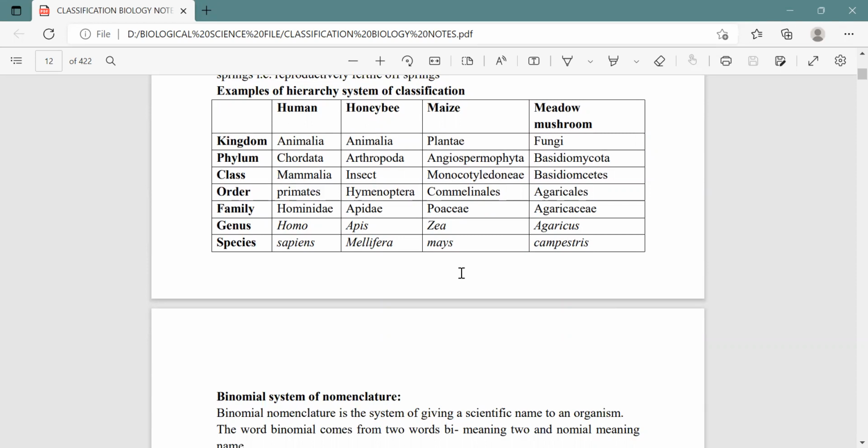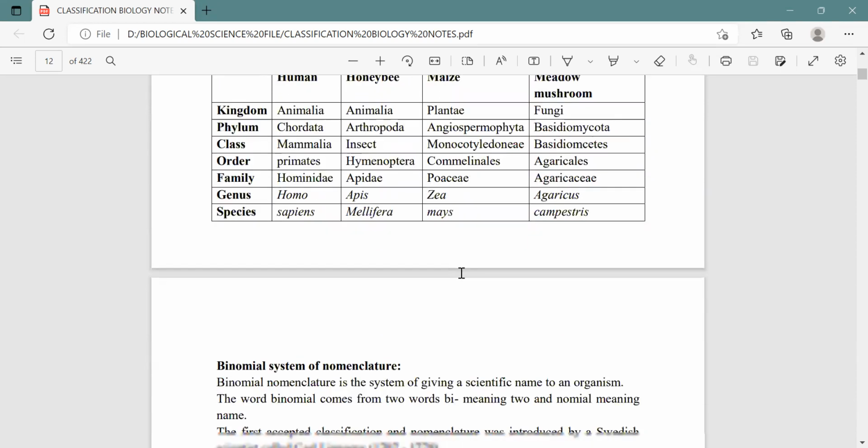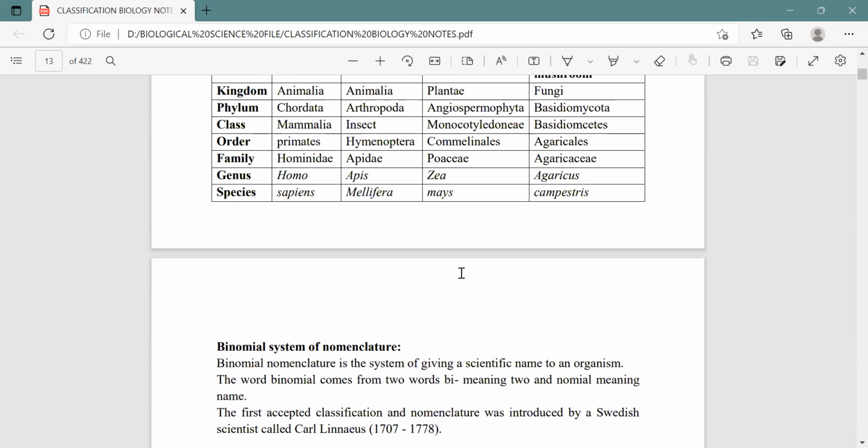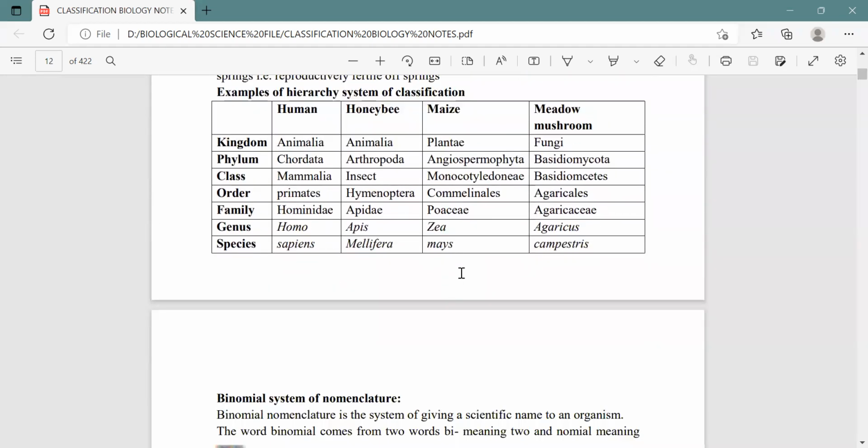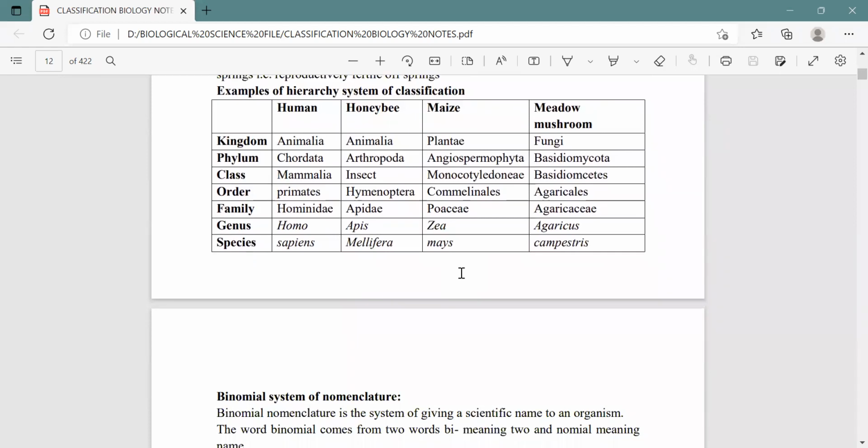If you change that order, you will not be marked right. And what is important in that full classification is not only writing the right name, but also the spelling.